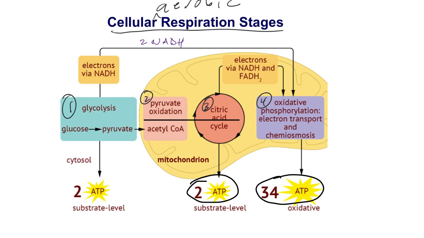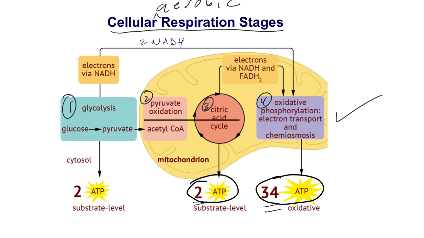Okay, so the stage that charges up the most ATP is which one? Which of these 4 stages charges up the most ATP? Stage 4, look, 34. Per 1 glucose molecule, you get 34 ATPs. Stage 3, you only make 2 ATPs. When I say make, I mean energize.